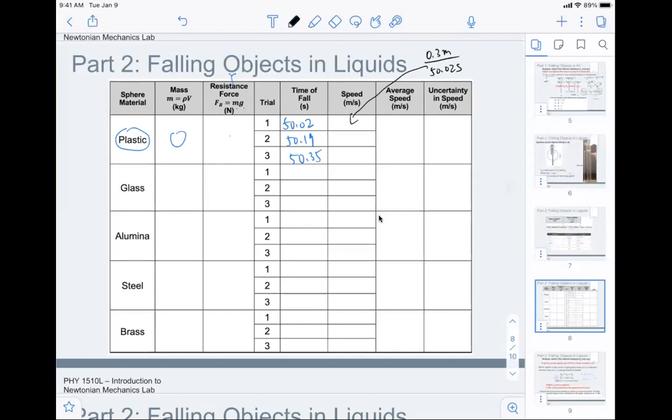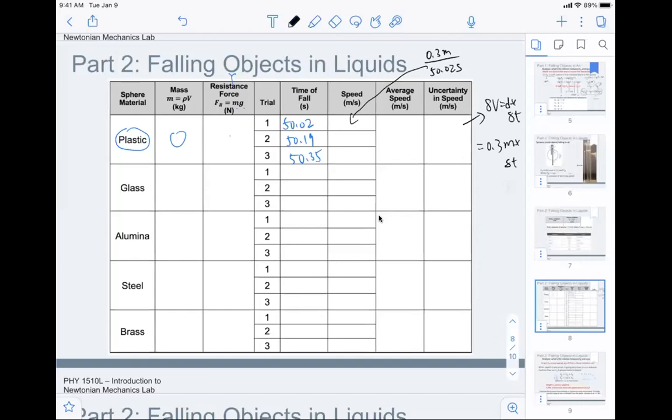You get 3 different speeds. You calculate the average and uncertainty. Again, delta V is D times delta T, and the distance here is 0.3 meters times delta T. Delta T is the same as max minus min over 2.